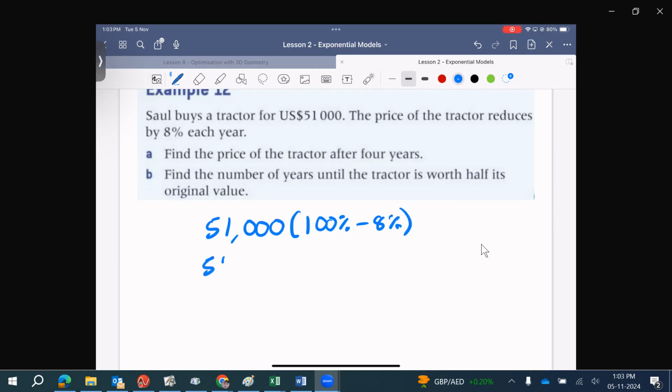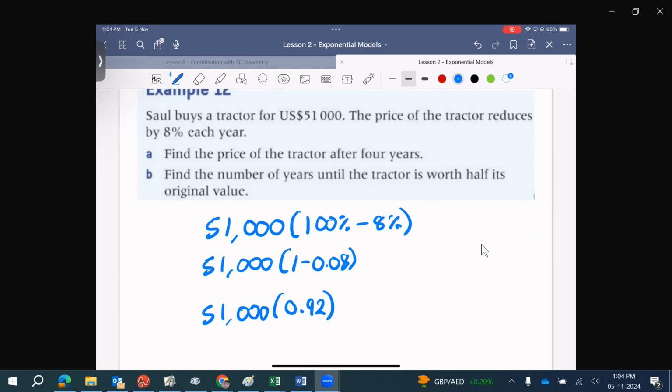Now that is 51,000 multiplied by 1 minus 0.08. 100% is 1, 8% is 0.08. So that is 51,000 multiplied by 0.92. That's going to reduce it 1 time by 8%.